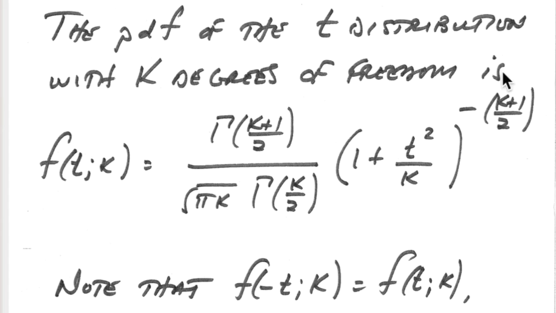We can write it down fairly succinctly, but only because we're using the gamma function, which we know is actually an integral expression. So this function would, in general, be difficult for us to integrate and things like that. But we're not going to have to do that. We're going to let the computer do all that kind of calculating for us if we need that.